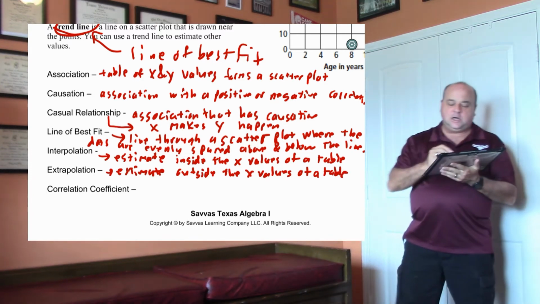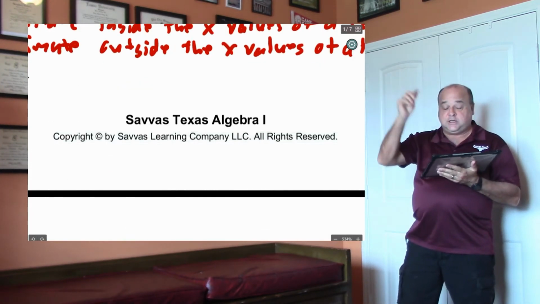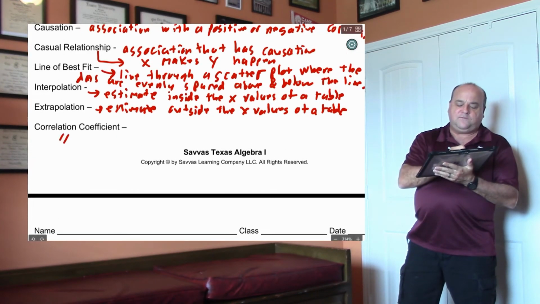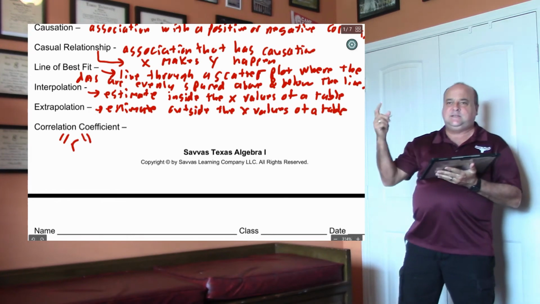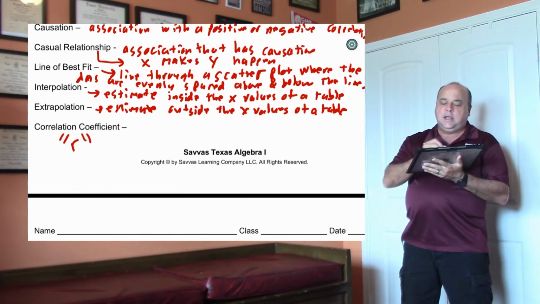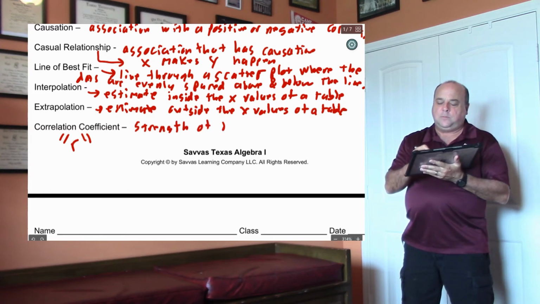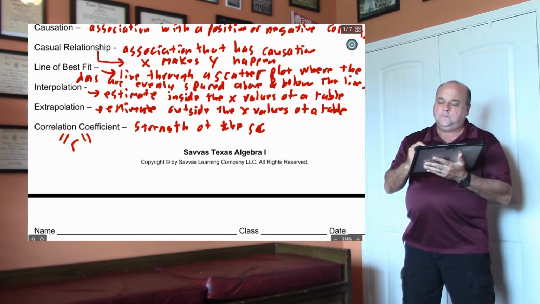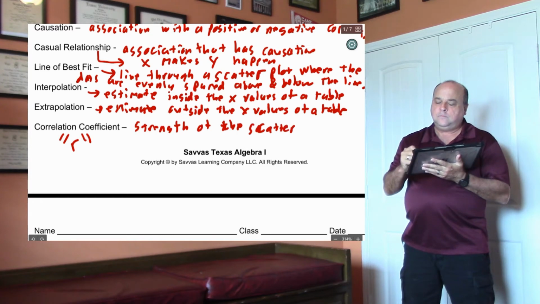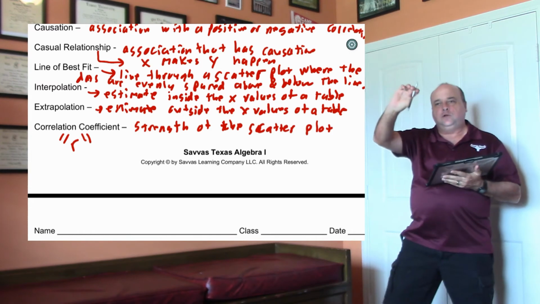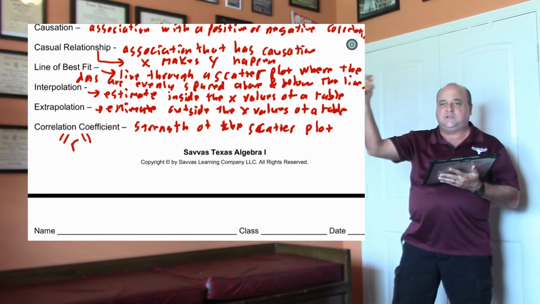And the correlation coefficient, okay, this was in your TEK. The correlation coefficient, write down R, that's the symbol used for correlation coefficient, is the strength of the scatter plot. That means how close the dots are to the line. The closer the dots are to the line, the stronger the scatter plot.